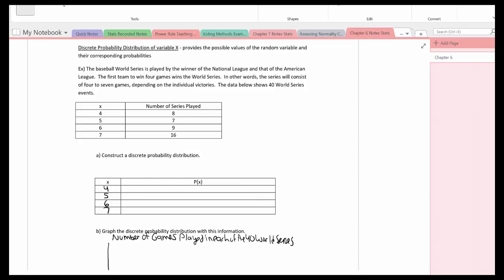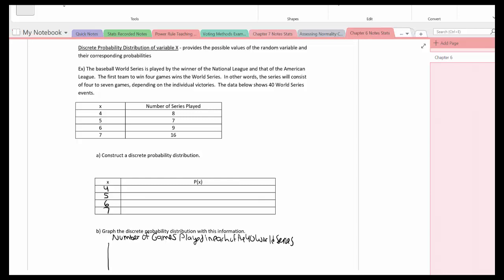In other words, the series will consist of 4 to 7 games, depending on the individual victories. The data below shows the 40 World Series events. So x equal to 4 means 8 World Series events took exactly 4 games. This is saying 7 of the World Series out of the 40 played 5 games.